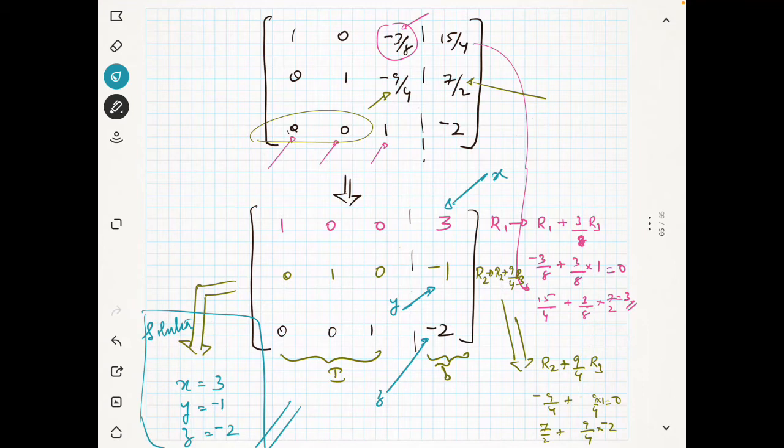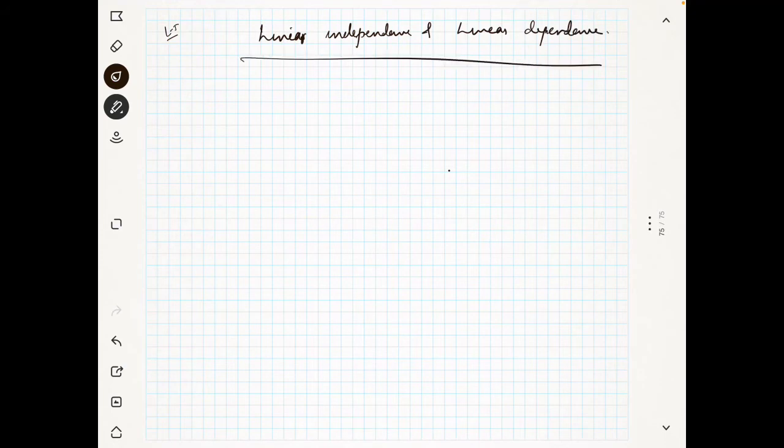So we have seen two problems now. So today we will discuss the concept of linear independence and linear dependence. By definition, we say the vectors are linearly independent or dependent. So what is a vector? We will talk about that later.